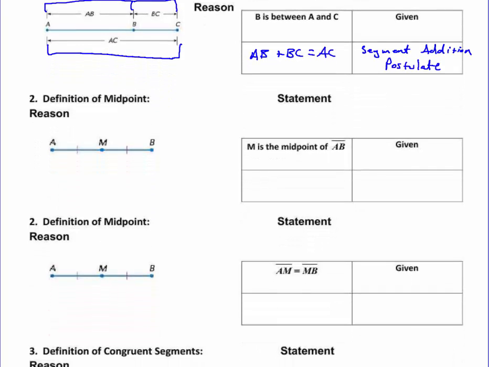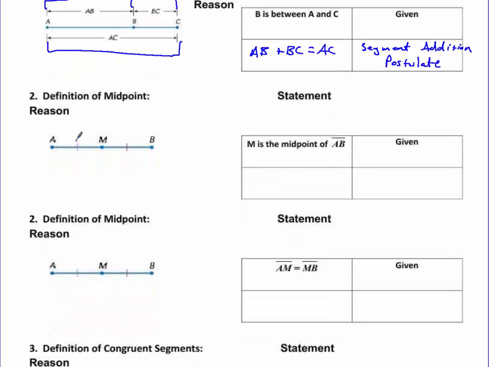Okay, move down to this picture. You know this picture, this is a midpoint. It says that this piece and this piece are the exact same length and they're congruent. So when you see that M is the midpoint of AB, you know right away AM, that's the distance from A to M, is equal to the distance from M to B. And the reason you know that is that you know the definition of midpoint.